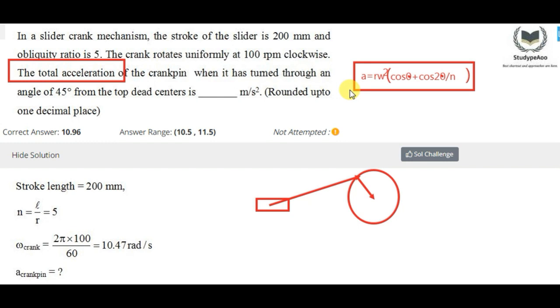So here we see that radius is also given in the form of stroke. Omega is also given, we can find out simply omega, and theta is also given, that is 45 degree. N is also given, that is obliquity ratio is equals to 5, that is n. So we can simply put all these values in this formula.